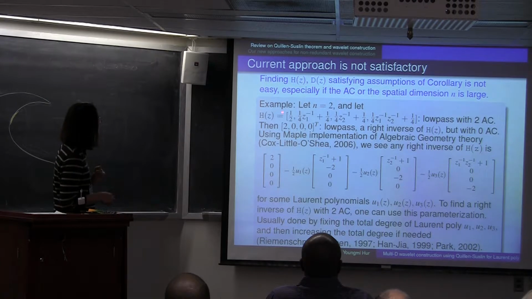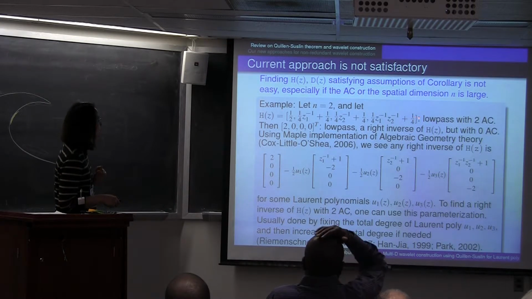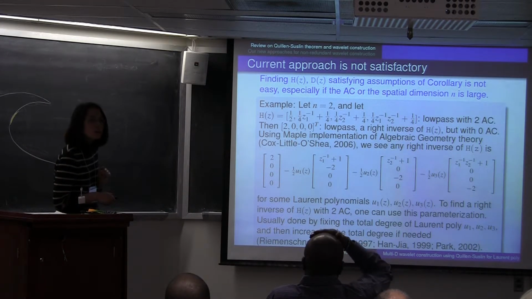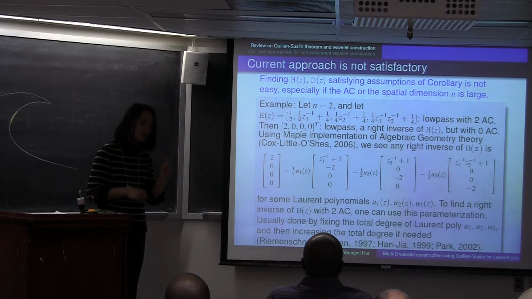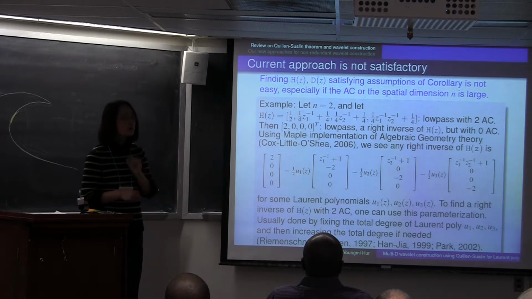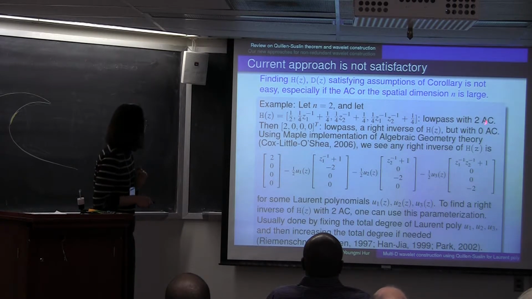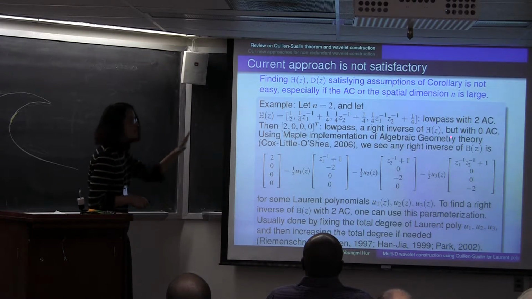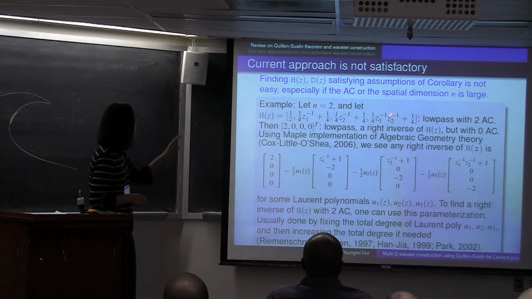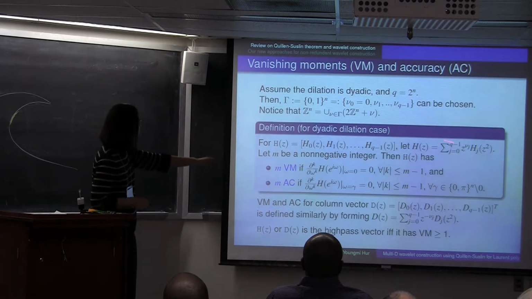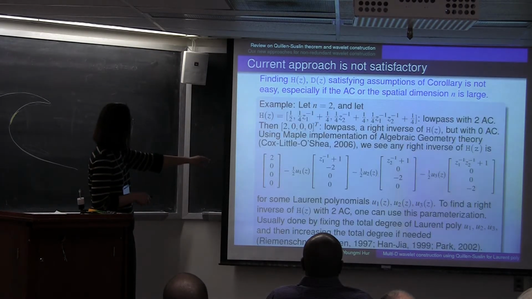When n equals 2, h of z, this row vector, this lowpass vector, is the vector associated with a two-dimensional piecewise box spline, if you know it. And so you can check. If you don't know it, don't worry about it. You can just form the function using this one, and you can check that it has two accuracy.